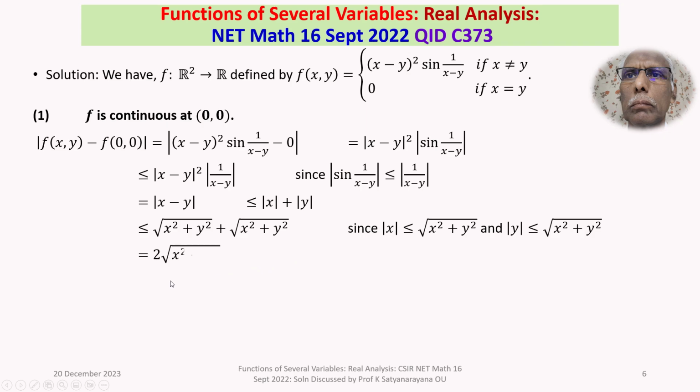This is less than or equal to 2 times the square root of x square plus y square, which is less than epsilon whenever the square root of x square plus y square is less than delta equal to epsilon by 2.